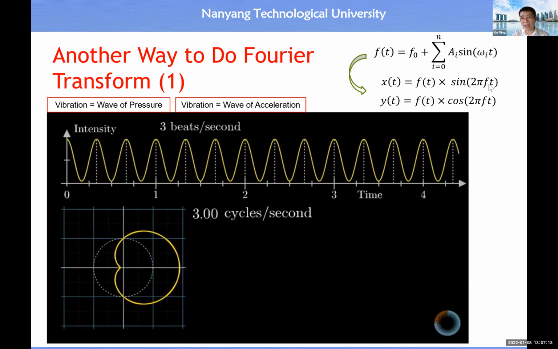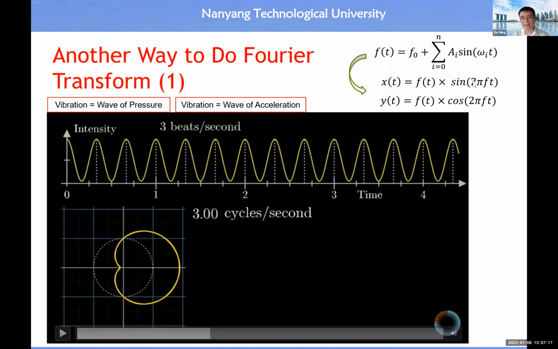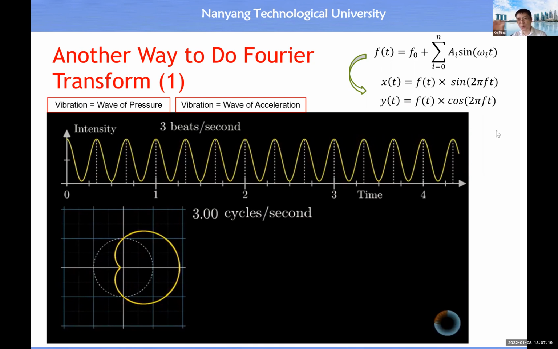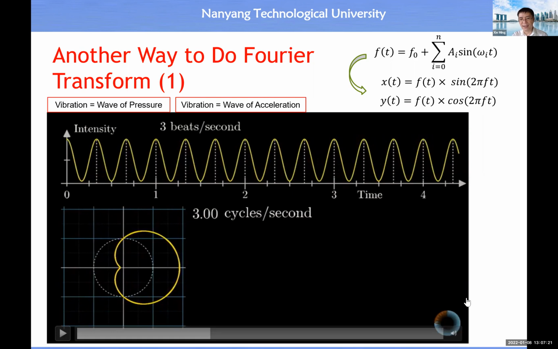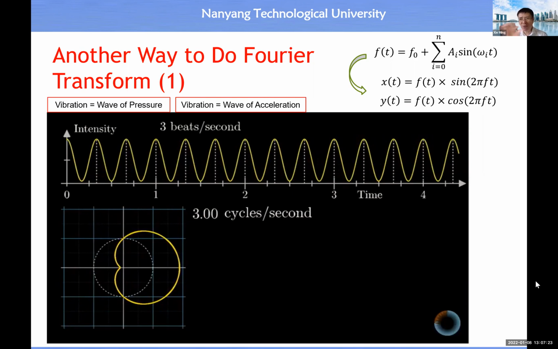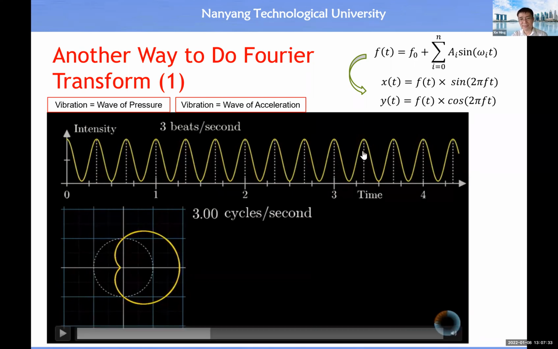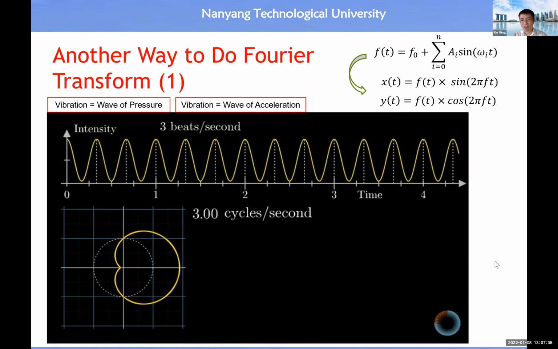So then we vary f, okay? So this f has nothing to do with the f here. So this is the f, okay, we scan through. So later on we'll see we have another f axis, okay? Then to find out what value of f will trigger peak response, all right? And immediately you understand, okay, when this f is contained by this signal, then it will trigger peak response.